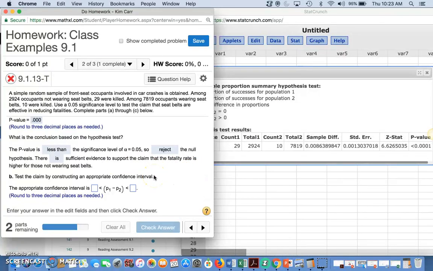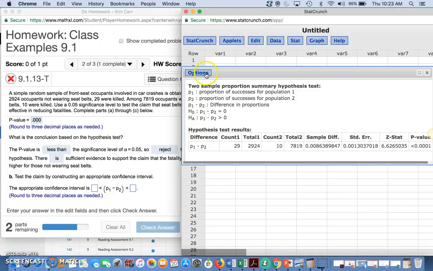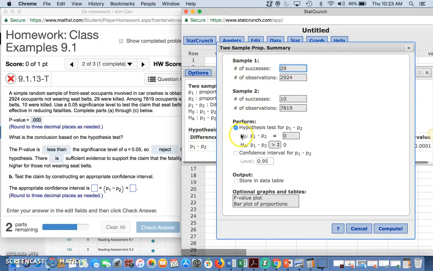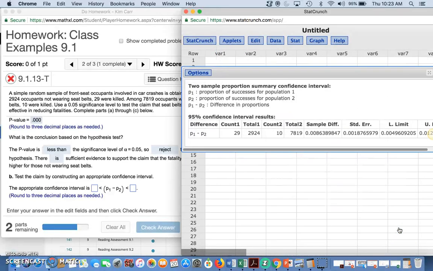Now, part B, they want us to run this test for an interval as opposed to a hypothesis. So we'll simply go back and we'll edit it. And we'll change it from hypothesis test to confidence interval. And since this was a .05, the confidence level that we want is .95, and we compute.